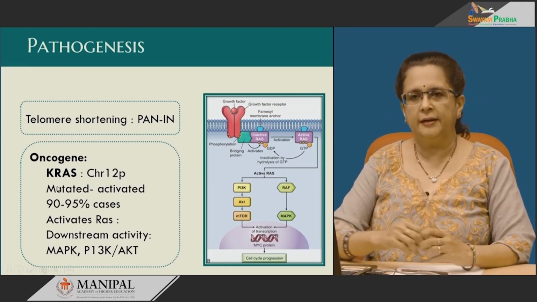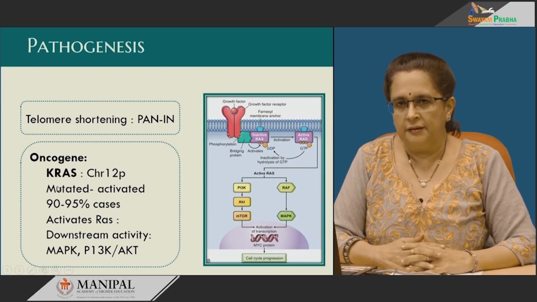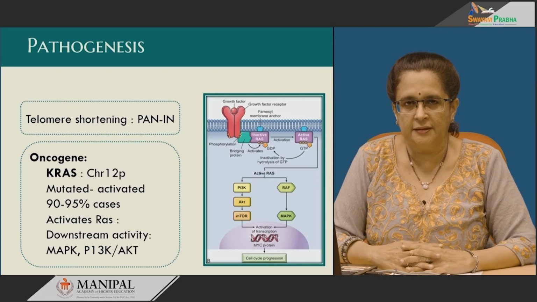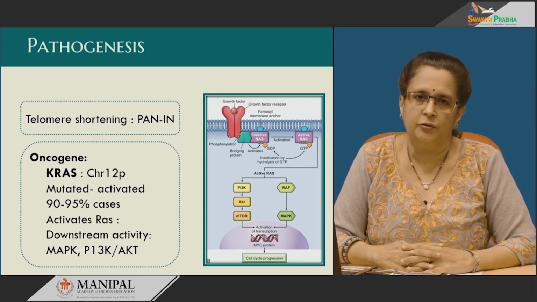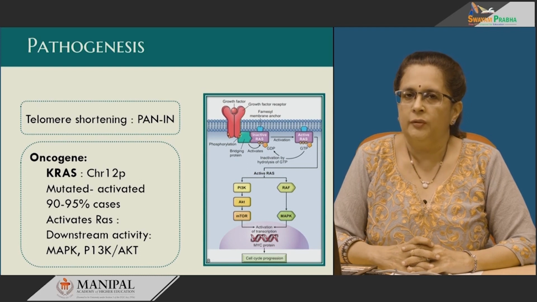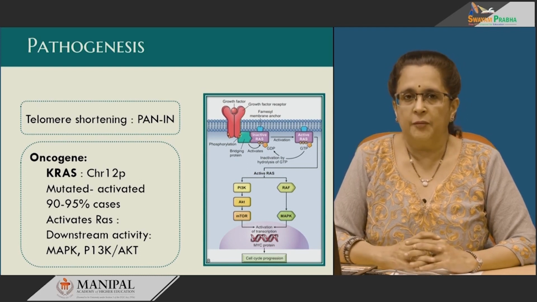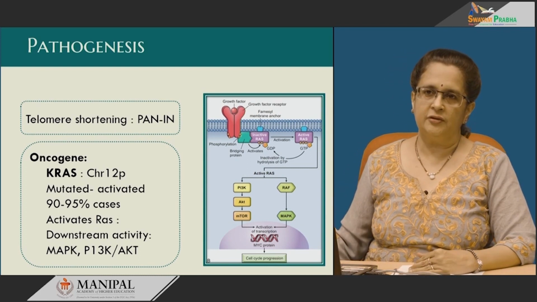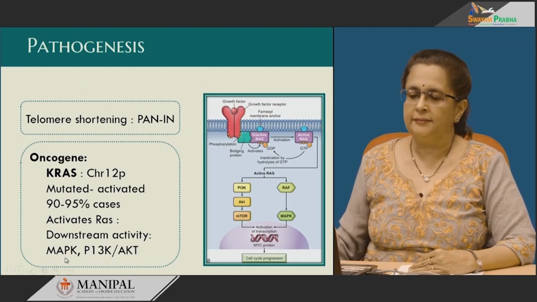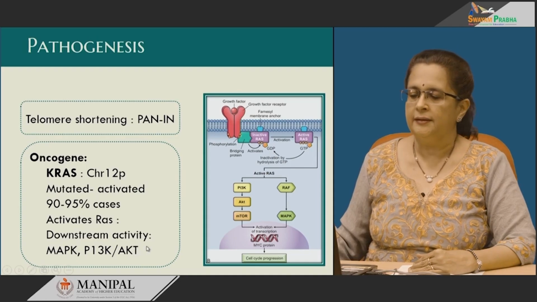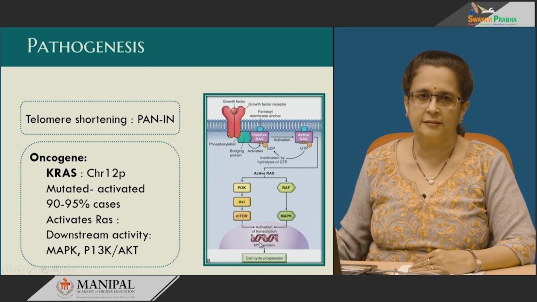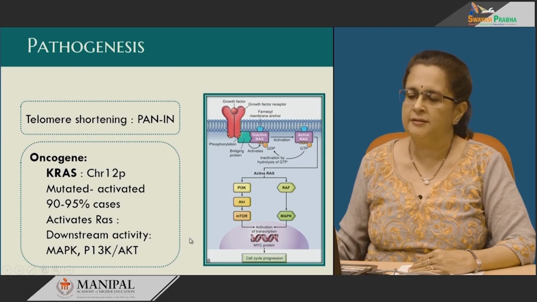The most frequently observed genetic mutation, accounting for up to 90 to 95% of the cases, is KRAS mutation involving chromosome 12p. Now, KRAS is a small enzyme which is responsible for transporting signals from the receptors downstream and activating MAPK as well as PI3K-AKT pathways, and thereby the signal is transferred to the nucleus.